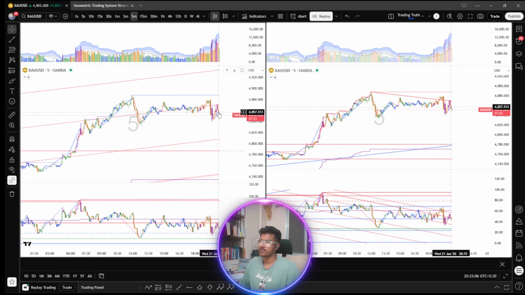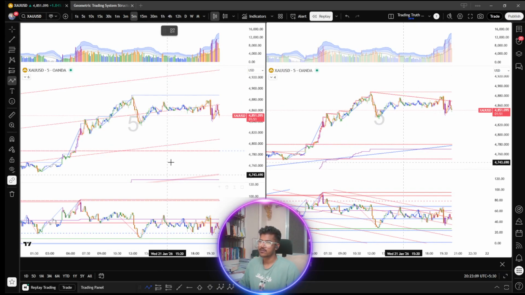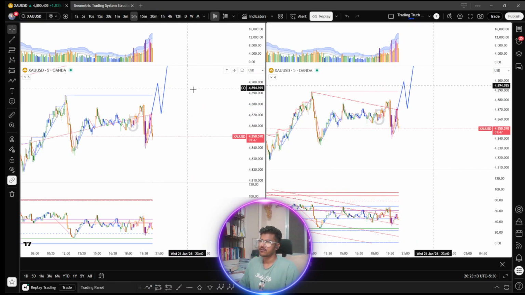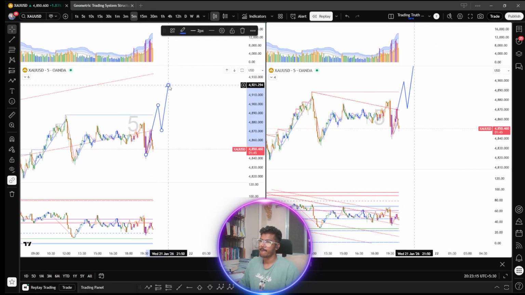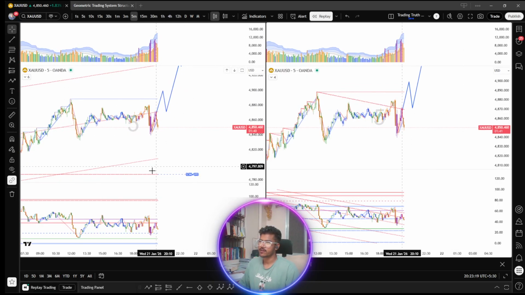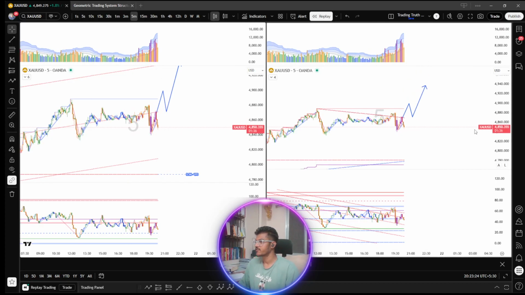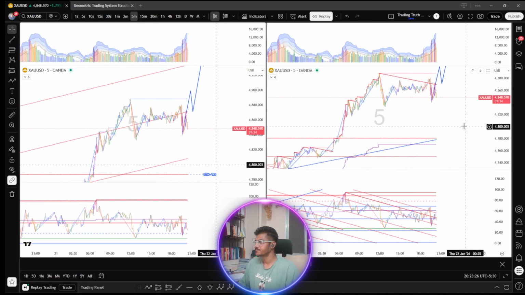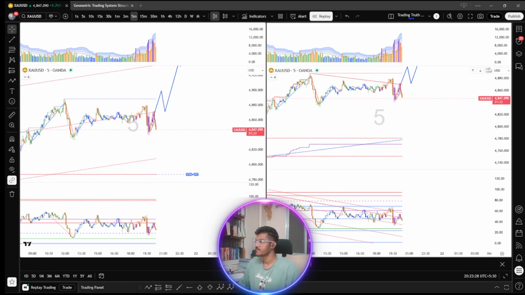Either it's going to go up like that, or it might just come here and do some accumulation over there, which is what's happening. We'll see what happens there.